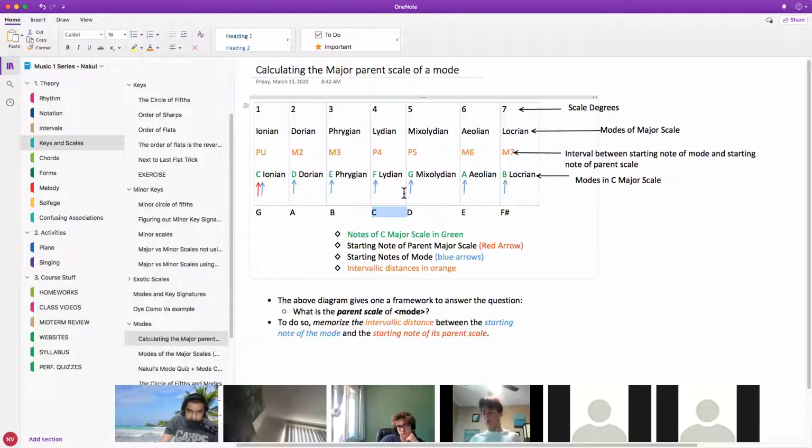The fifth mode is D Mixolydian. The sixth mode is E Aeolian. The seventh mode of the G major scale is F sharp Locrian. I want to generalize. The first mode of any major scale is Ionian, the second mode is Dorian, the third mode is Phrygian, etc.